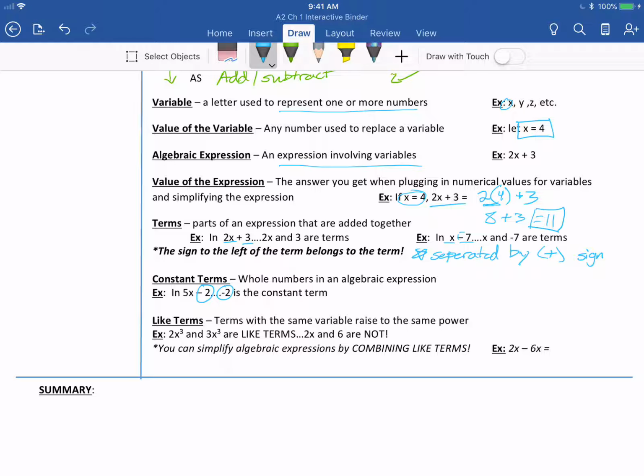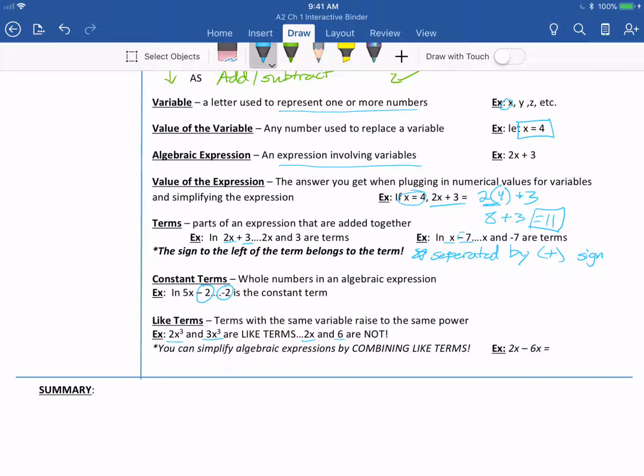Like terms, you've heard me say this. You're going to hear me say this a lot more in the coming future: you've got to combine like terms. Any like terms that are being added and subtracted together, you can combine. So here, 2x cubed and 3x cubed are like terms. 2x and 6 are not.